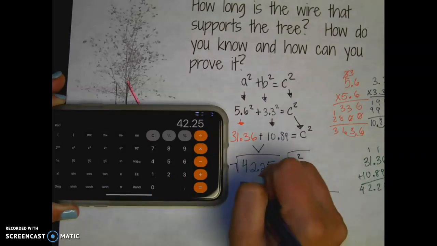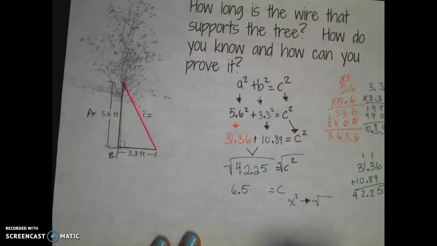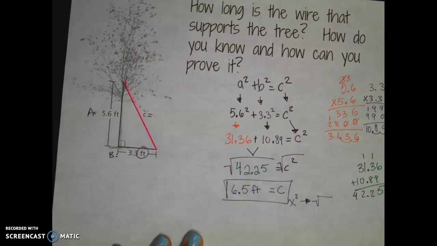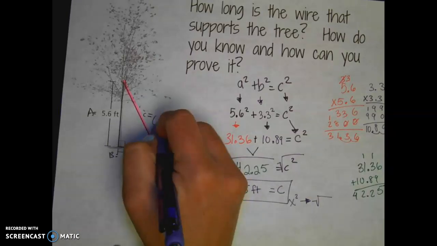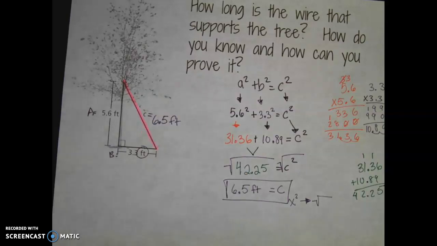So now my C is 6.5 feet. Because remember, we're dealing with feet here. That's what my C is. So this is how you proved it.